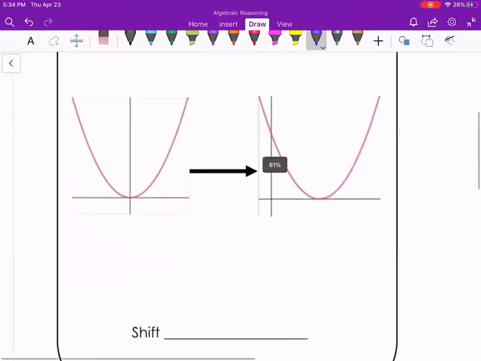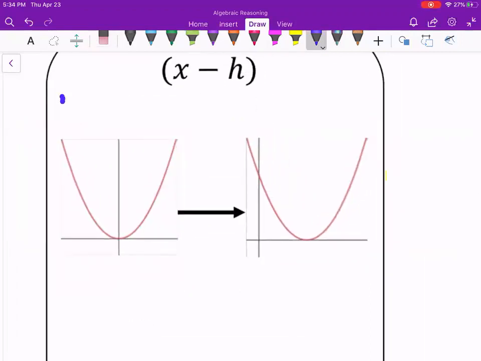All right, so we have our original graph over here on the left and the new graph on the right. Sorry, I think my pen is starting to die here.